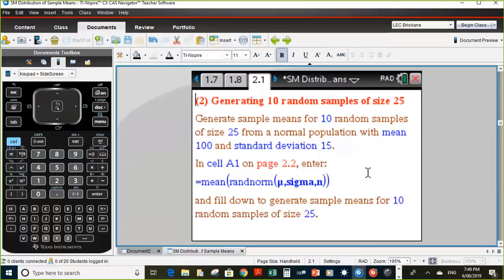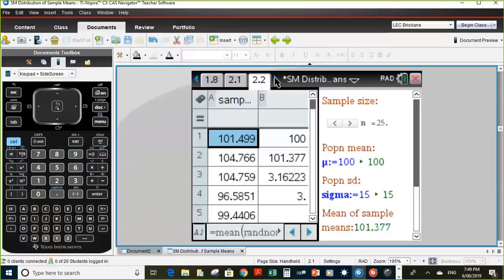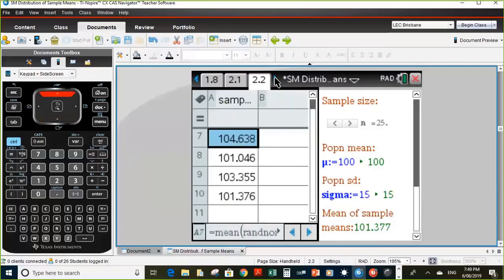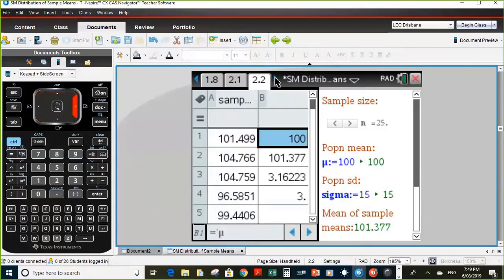And then what you do is you fill down to generate the sample means for 10 random samples of size 25. So when we go to this page, it's important now that students understand that these values here are all sample means, and you would expect them to be dancing around quite close, not too far away from the population mean of 100, which again is anchored in cell B1.